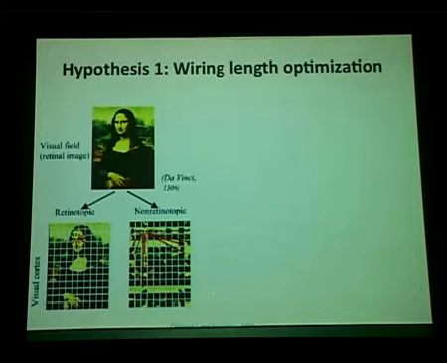Let's say that each of these squares is a receptive field for a single neuron sitting in the visual cortex. And if you want interactions between these different neurons for you to be able to extract a local feature, then it is better to have these located at close by locations in the primary visual cortex rather than having a non-retinotopic organization where each of them is dispersed all over the place.